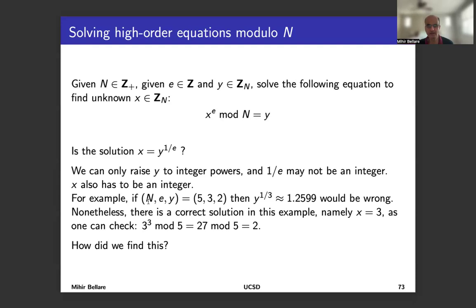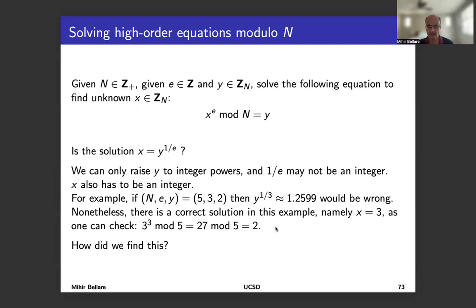So for example, let's say again we set the triple N, e, y, the given objects, to 5, 3, 2, then e would be 3. So I would be looking at y to the 1/3, and I'm raising y equals 2 to the 1/3. So I compute its cube root with the calculator. I would get something like this, which is wrong because it's not even an integer.